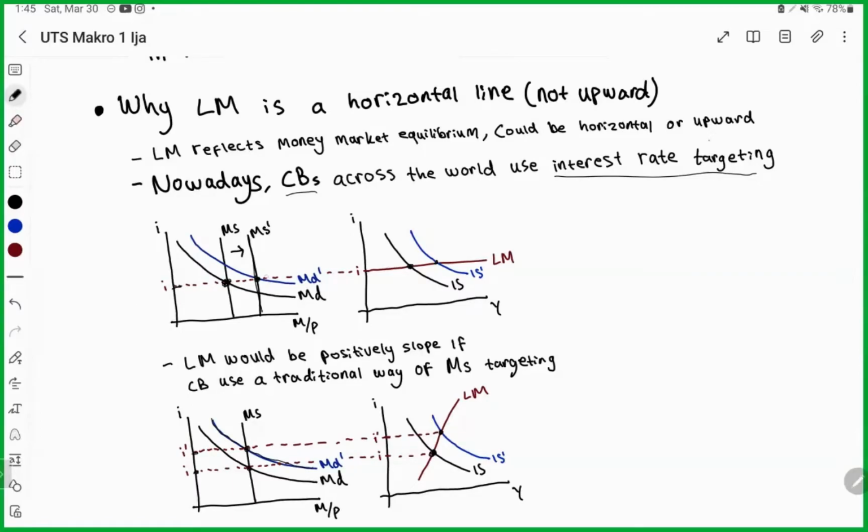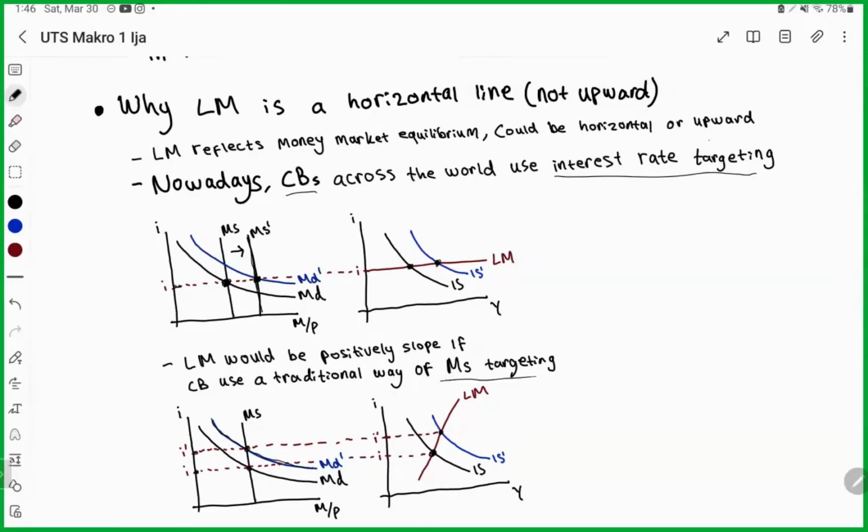How could we keep the interest rate the same? Well, with an increase in the money supply. Because when money demand increases, we change the money supply, the interest rate stays constant. Hence, the LM curve will be horizontal.